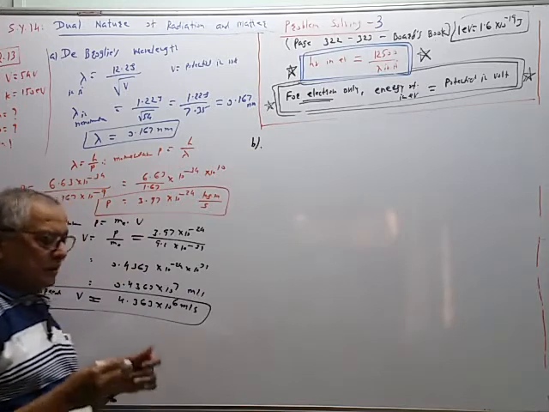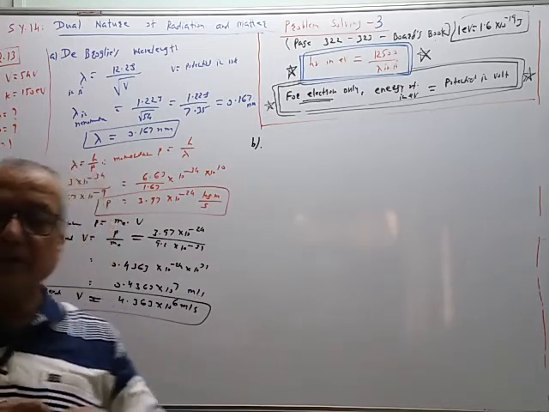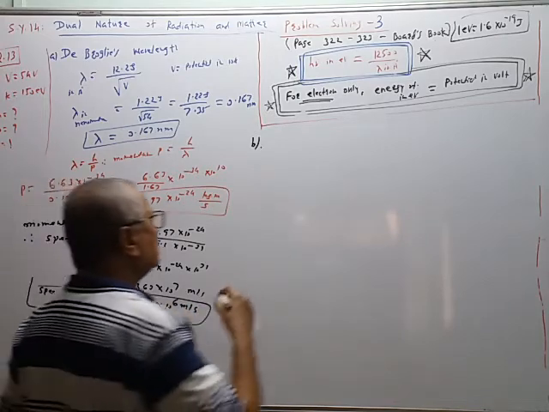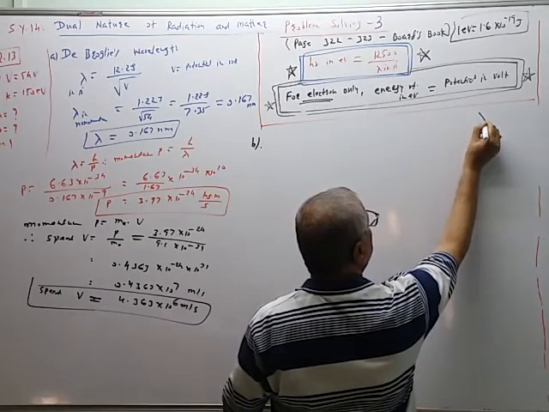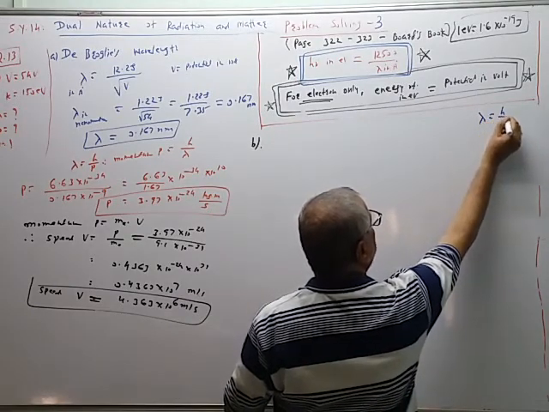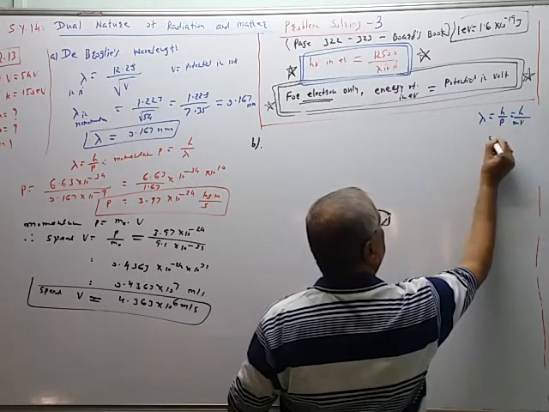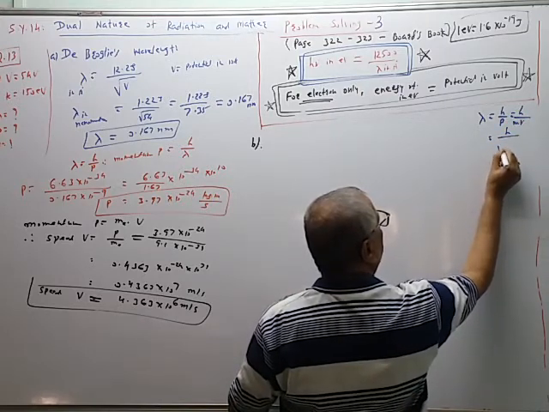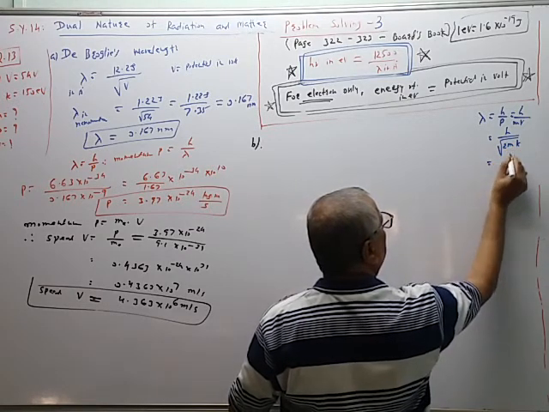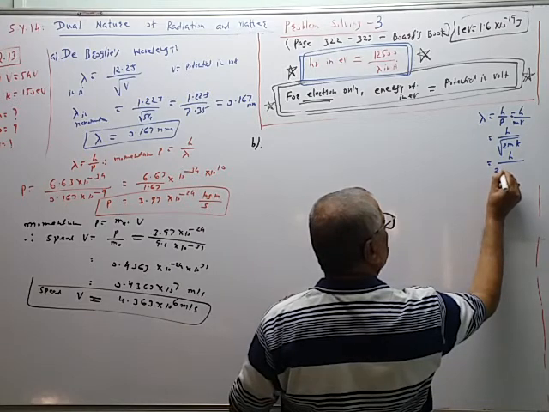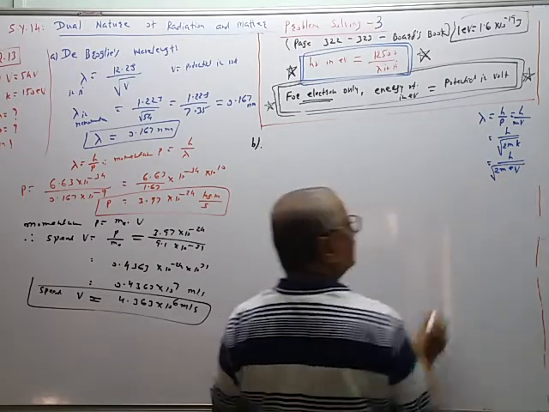Now we are given the kinetic energy. So de Broglie's wavelength in terms of kinetic energy, we know this formula. This de Broglie's wavelength is given in various forms. Lambda is equal to h by p is equal to h upon mv is equal to h upon under root 2 times m into K is equal to h upon root of 2 times m into e into V. V is the exciting potential.